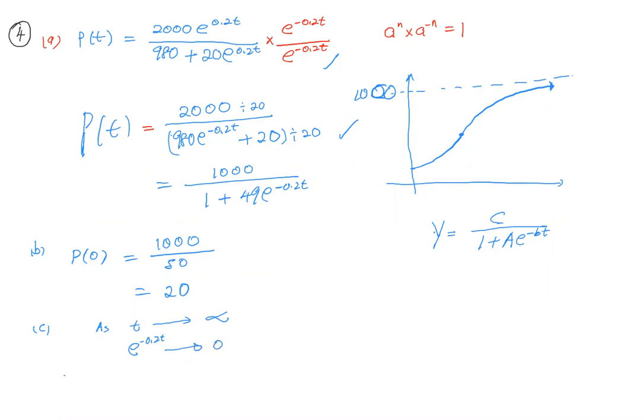So therefore, P(t), which is 1000 divided by 1 plus 49 times 0, will approach 1000, because the bottom here is 1. So this is the upper limit, from below. So that is how we find. So this is an important function.